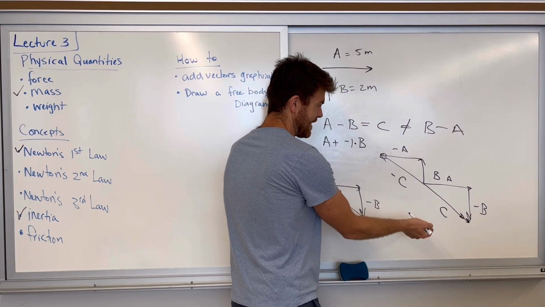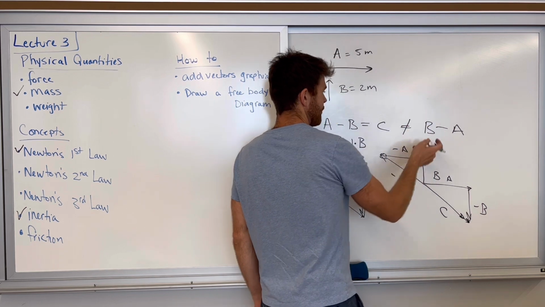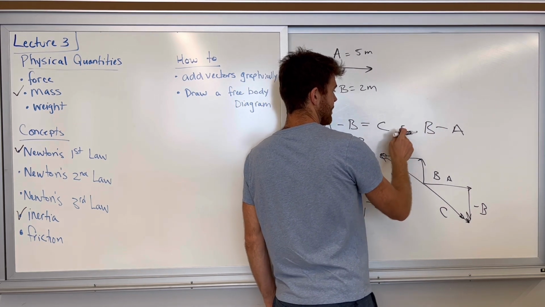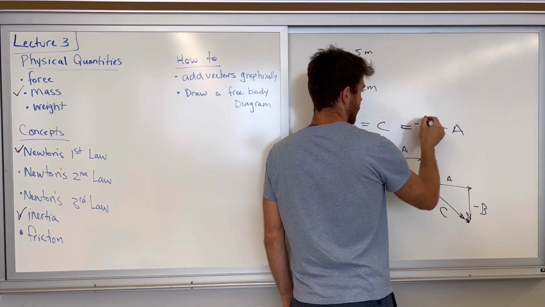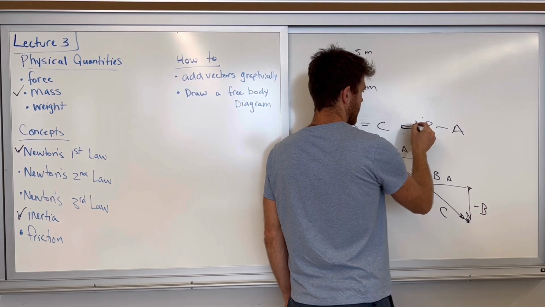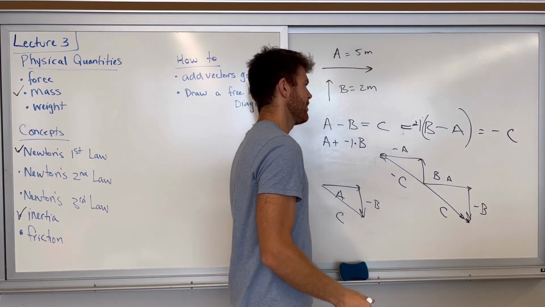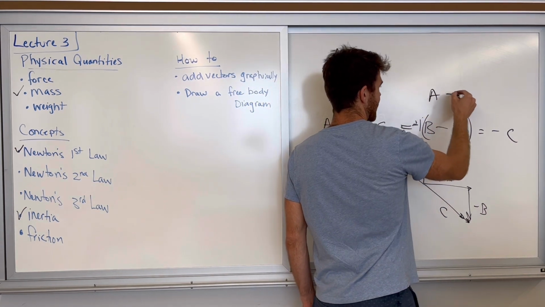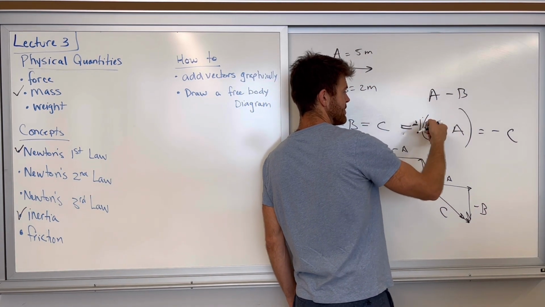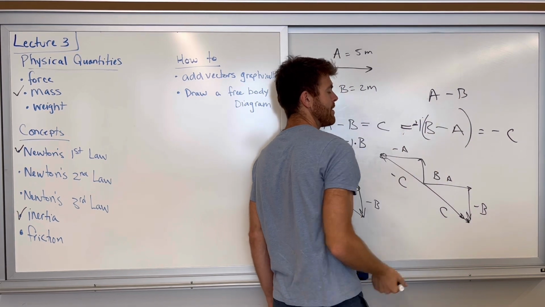That's why it's a negative. So we can say it is equal to negative 1 times this quantity, which is negative C, because negative 1 times this gives us A minus B. If we distribute that negative 1, this becomes negative B, and that becomes a positive A minus B.